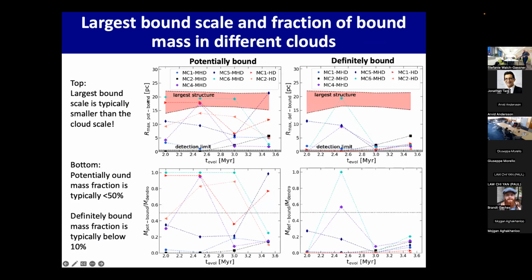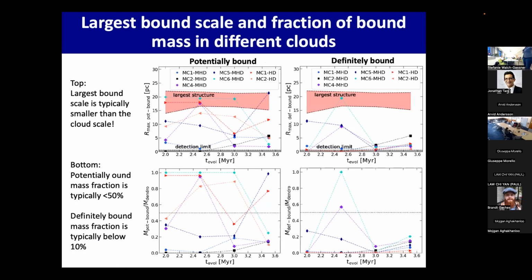So now to come to the main message. If we look at the results for all of our clouds, here we have the largest bound scale on the top, and here we have the mass in bound structures. This is for the potentially bound structures, so basically all of them which are in quadrant 3, and here for the definitely bound structures, which have the leading energy term being the potential energy.